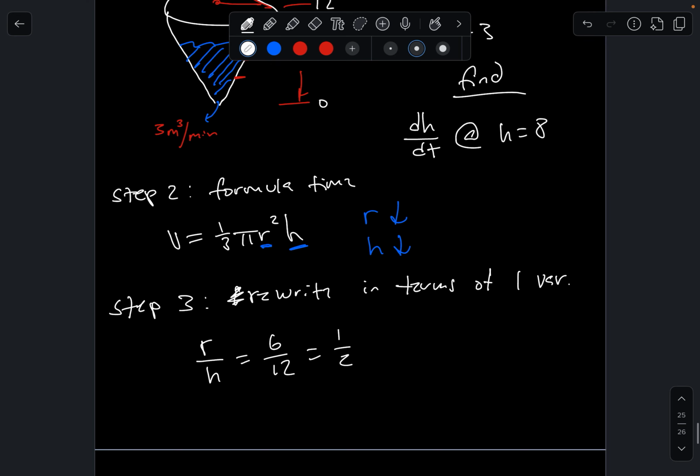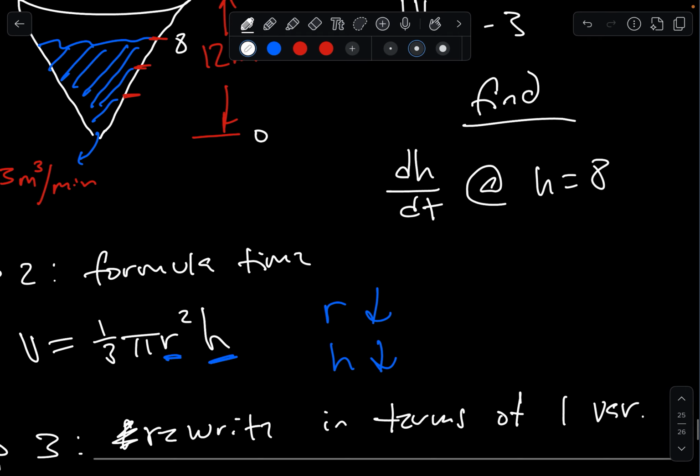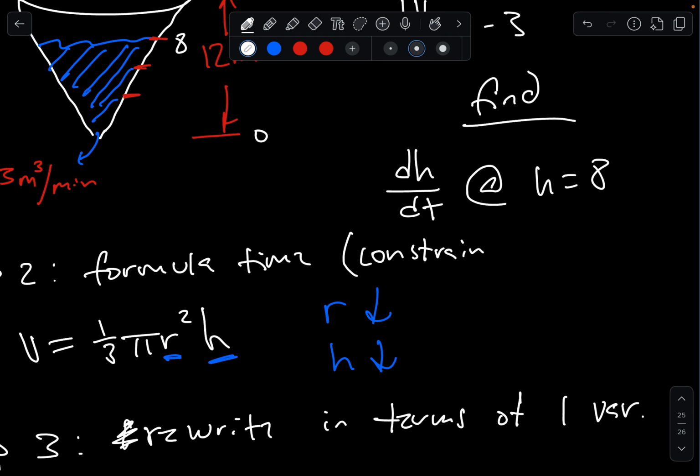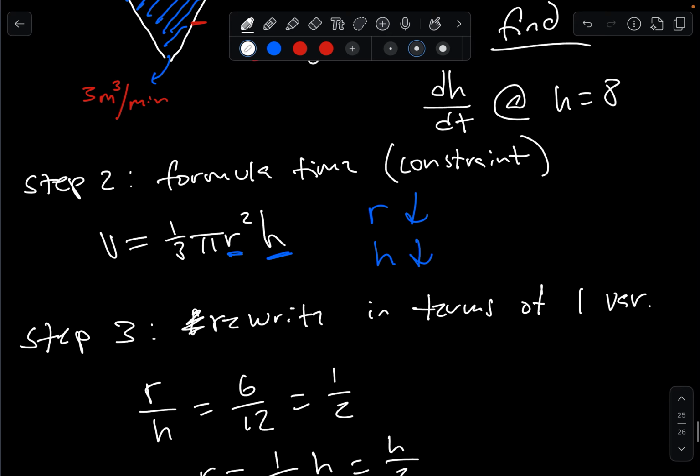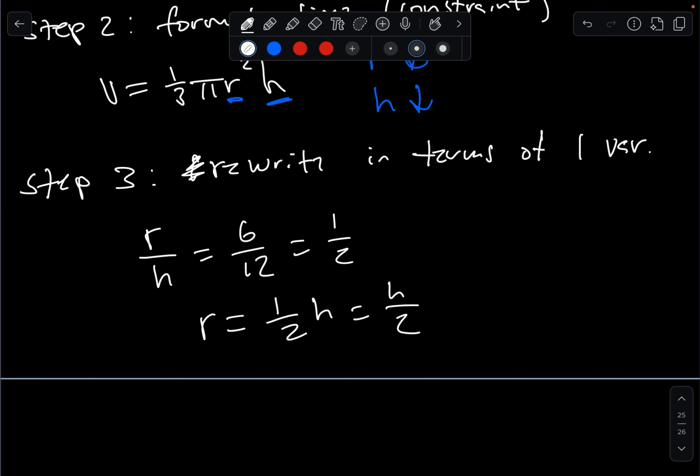Now let's rewrite this in terms of r. So r is equal to 1/2 h, h over 2. Now we can go back to our formula. This is also called your constraint formula, as I used in my last video. So let's rewrite this constraint formula with the given in terms of one variable.